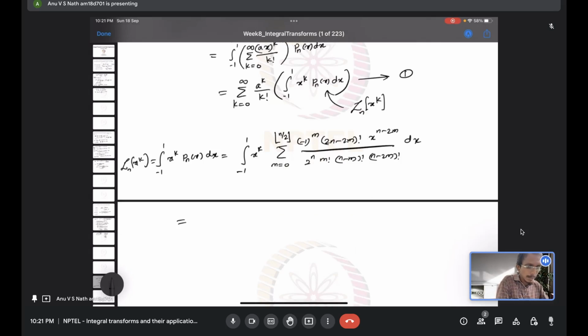Now we will interchange the integration and summation.